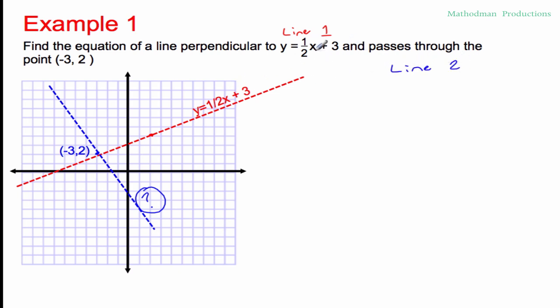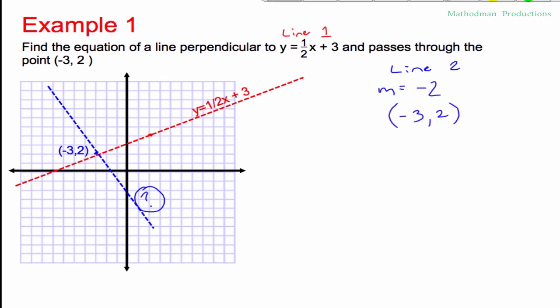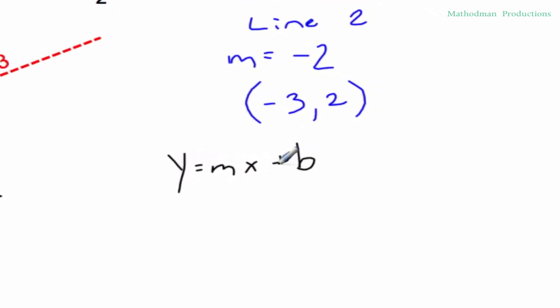First one is that if the slope of this is 1/2, then the slope of the one in blue, line 2, has to be -2 because they're perpendicular. And we also know that it passes through the point (-3, 2). From here, all you have to do is plug all this information into the slope-intercept form, and we can write an equation for it.